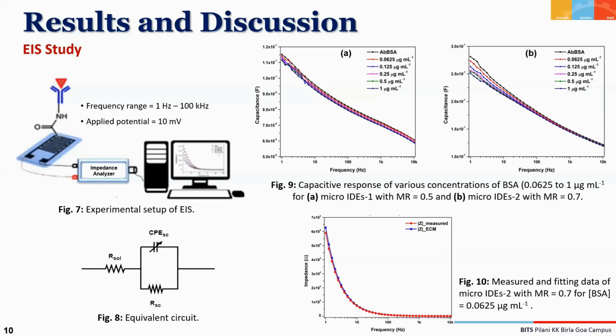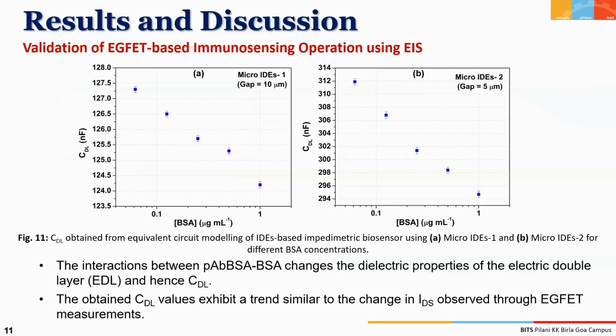We validated that with the equivalent circuit fitting, and we could find that the CDL, basically the double layer capacitance, is decreasing with the concentration of the BSA. That happens because with the 11-amino methylation, then antibody and then antigen, it is modeled as capacitors in series. That is why the effective capacitance decreases, so this CDL is decreasing.